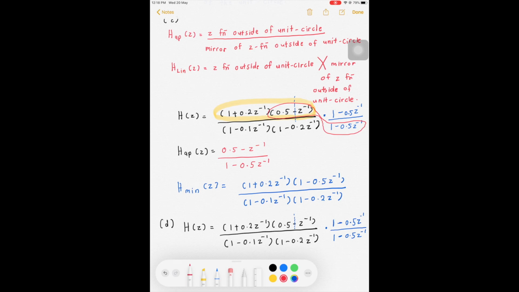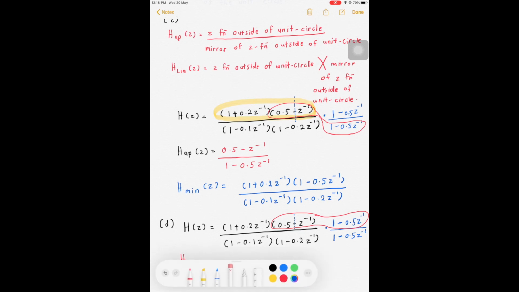Go back to the definition. H linear is the z function outside of the unit circle times the mirror of the z function outside of the unit circle. The mirror of 0.5 minus z^-1 is 1 minus 0.5 z^-1. So you multiply them.